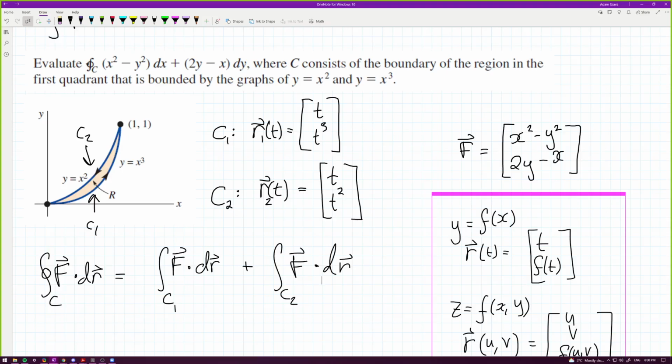To do a line integral like this, I think I scrolled too far. Obviously, it's in my notes. Let's see here. Yeah, there we go.